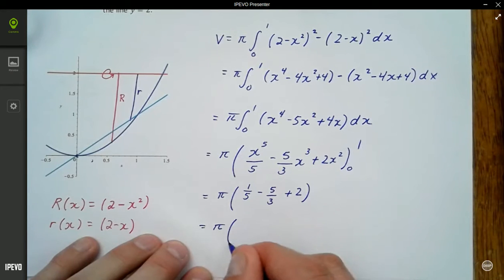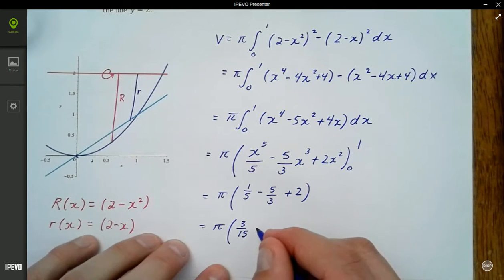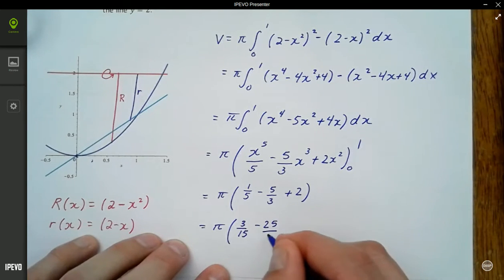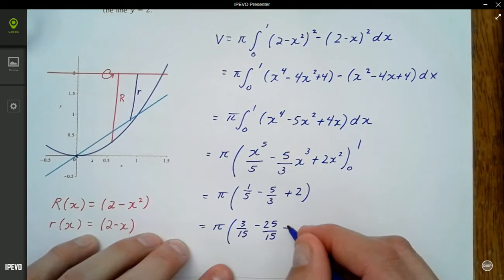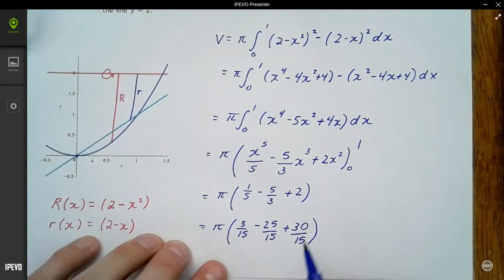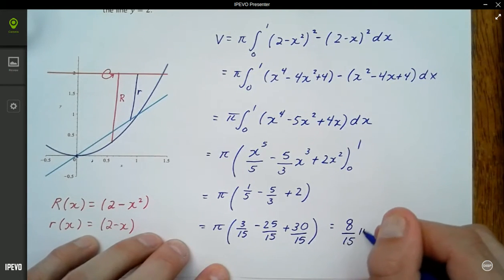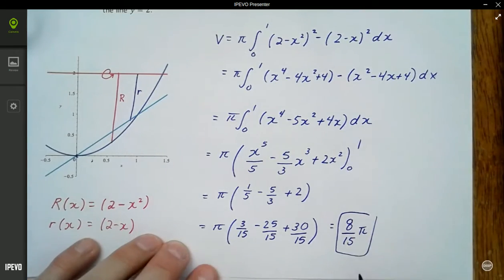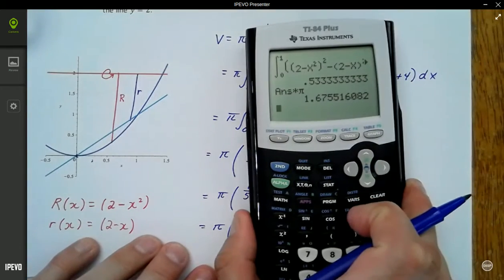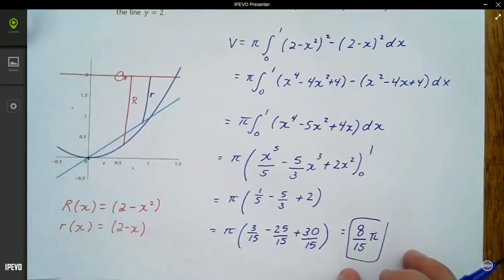If I want exact, 15 looks like the common denominator, so it's 3/15 minus 25/15 plus 30/15. That gives me 8/15 pi. That's the exact answer, and that ends up being 1.676. So that's my first example.